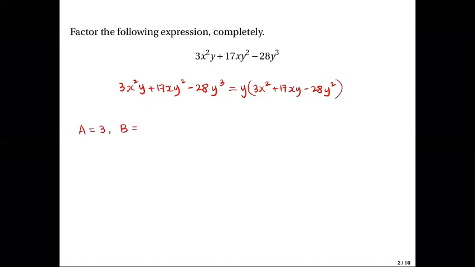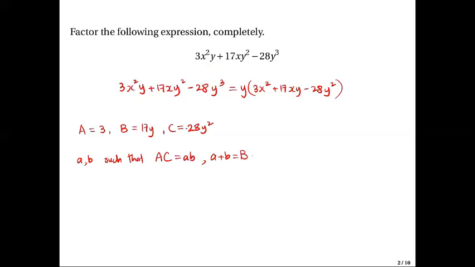B here, we can put B as 17y, so let us include the y there. And then you have C, this is minus 28y squared. So we want to find small a and small b such that the product capital AC is equal to small ab, and that a plus b is equal to capital B.